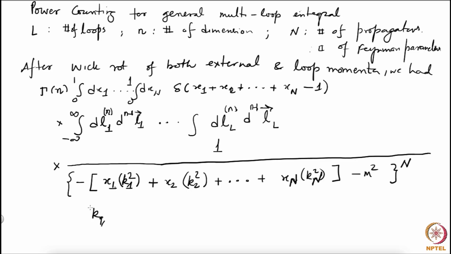So kq squared is this: kq1 squared, that's the first spatial component of k, kq2 squared, or maybe I'll put this, otherwise it's confusing, up to kq(n-1) squared, since we are working in n dimensions.